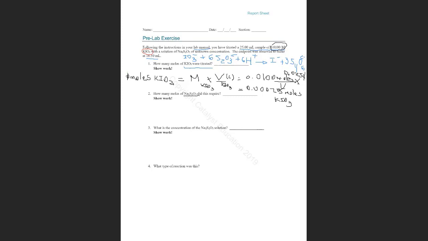Now we definitely need the molar ratio of this reaction. What is the molar ratio? I have the moles of potassium iodate, and I want to know the moles of thiosulfate. So what is the relationship between the two? Just by looking at this, we just use the molar ratio.